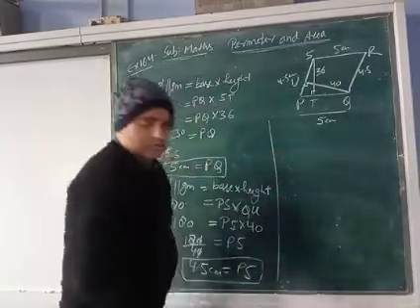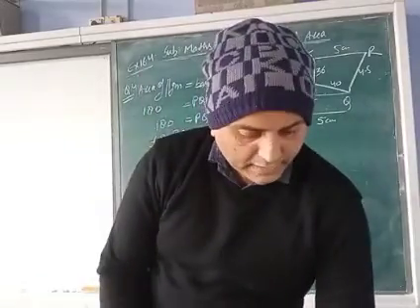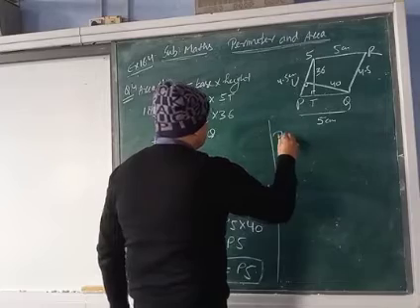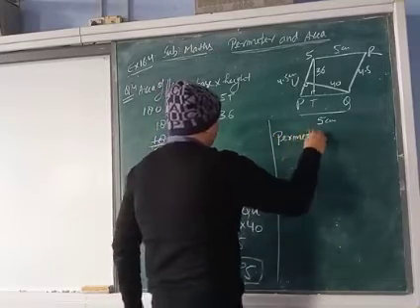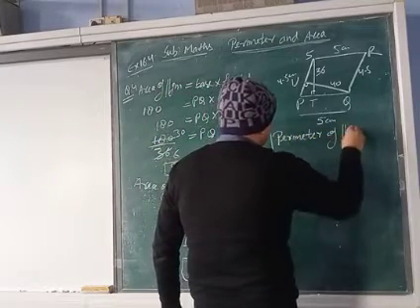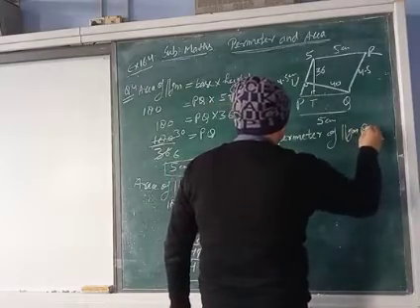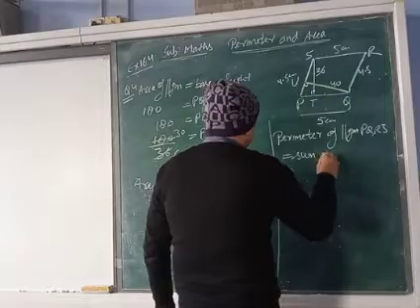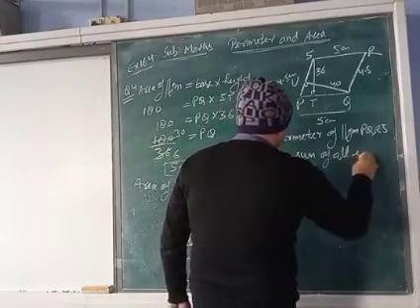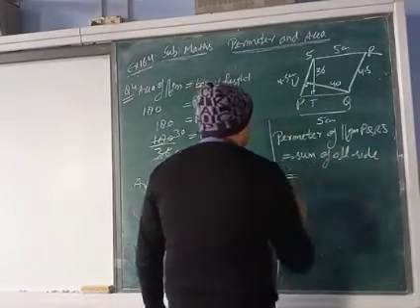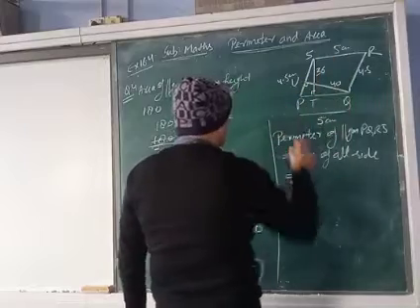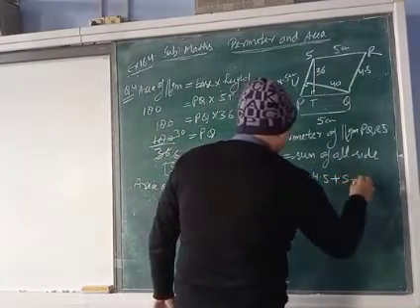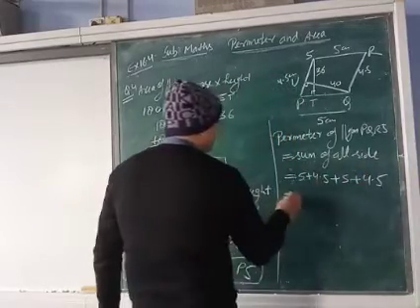Now we have to find out what the perimeter of the parallelogram is. See, this question says find the perimeter. Perimeter of parallelogram PQRS is the sum of all sides: 5 plus 4.5 plus 5 plus 4.5.